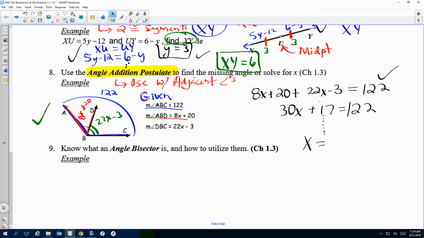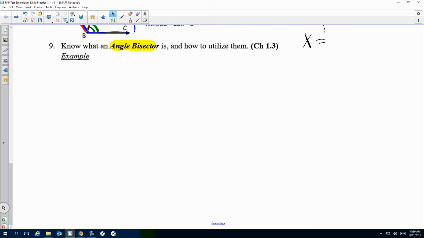Now, angle bisector. We just kind of talked about that on that last slide. An angle bisector, especially the bisector part, divides an angle into two congruent parts.